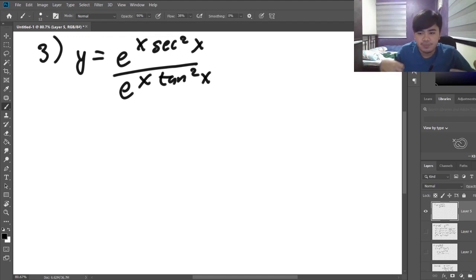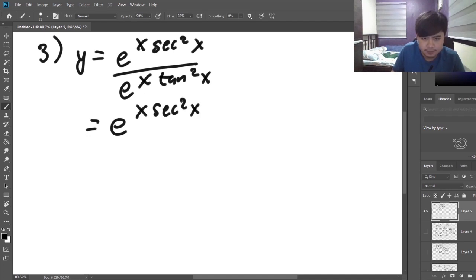Remember the exponential identities earlier. So this is a quotient, so we can say this is also e to the power in the numerator, x secant squared x, then we subtract the power in the denominator, x tangent squared x. And that's valid, that's the same thing.